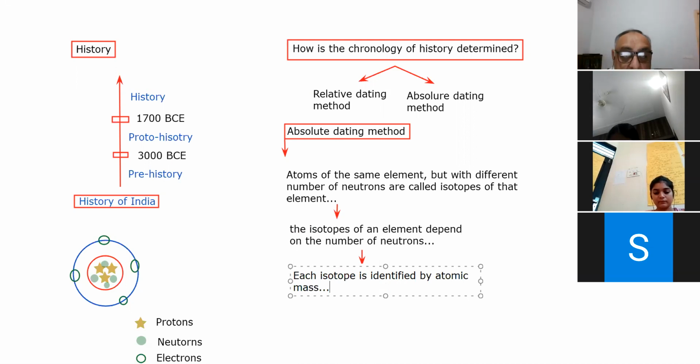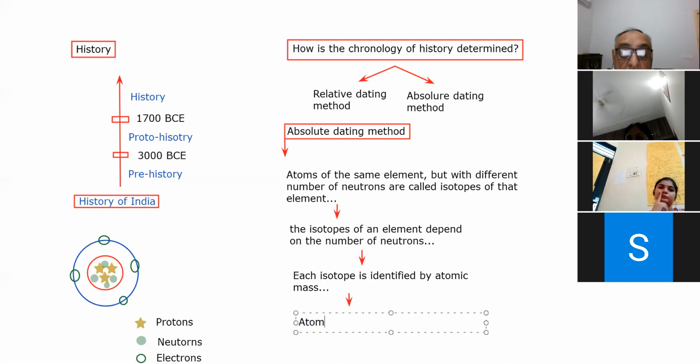So atomic mass is equal to the number of protons plus the number of neutrons.